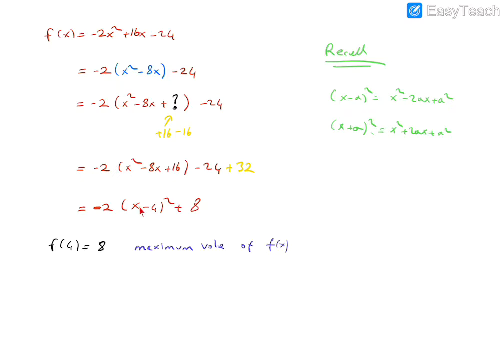Furthermore, if we choose any two x values that are the same distance from 4, we will obtain the same function value, okay? So it is symmetric about the line x equals 4. For example, for x equals 2, minus 2 times 4, minus 8, this is 0. For x equals 6, 2 is 2 units from 4, so if you go in the other direction, this is 2 distance, this is 6.